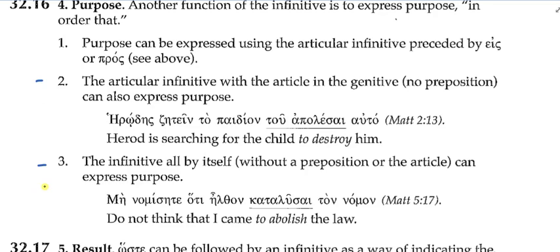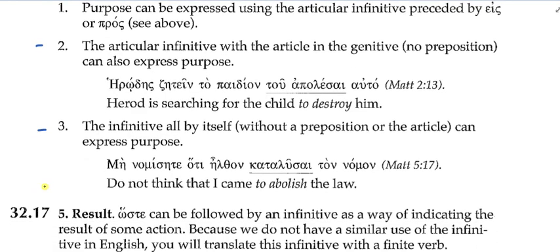The articular infinitive with the article in the genitive but with no preposition can also express the purpose of the main verb. So if you look here at Matthew 2:13, Herodes, subject, zetain is the main verb, okay? So Herod is searching, ta paidion, for the child, to apalesai auta.